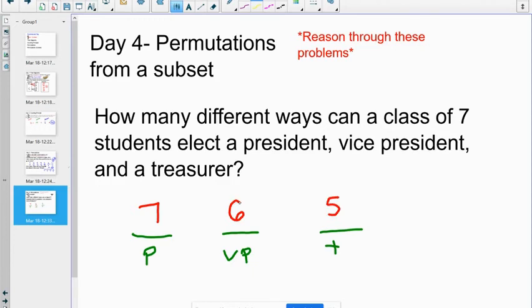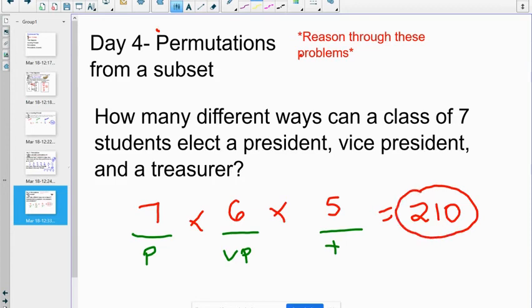If we've picked 2 people, one for president and one for VP, there are 5 people left out of the total of 7. So that's just 7 times 6 times 5, which is 210. So there are 210 different ways to do this. We can check it by plugging these numbers into the equation: n factorial over n minus r factorial. In this problem, n is our total, which is 7 because there are 7 kids in the class.